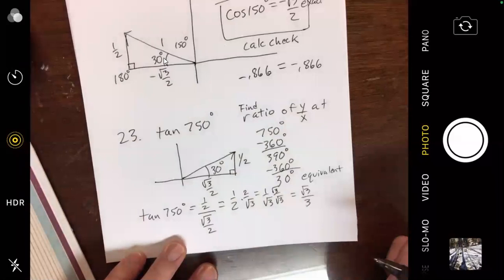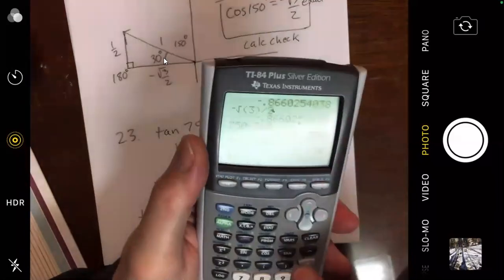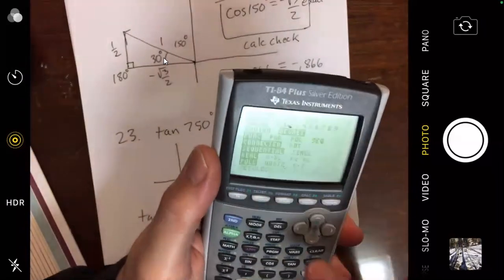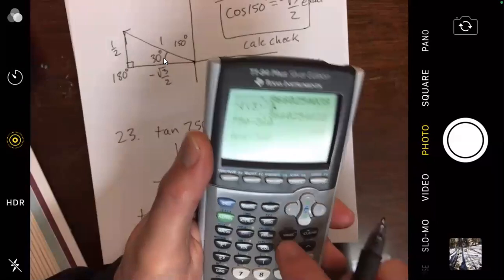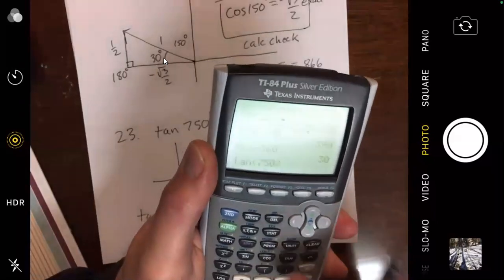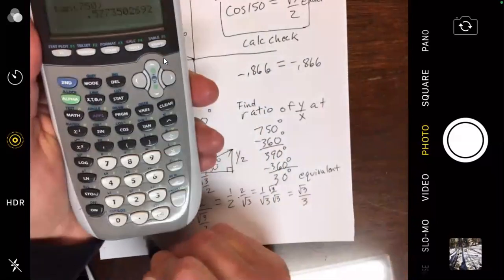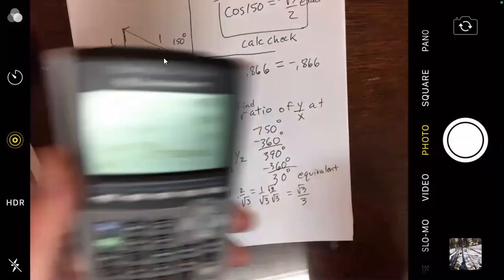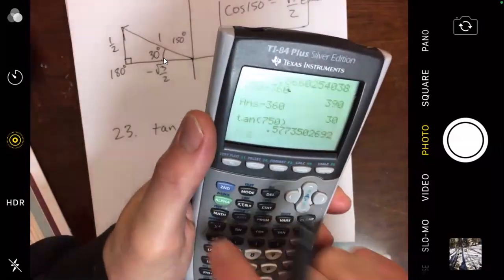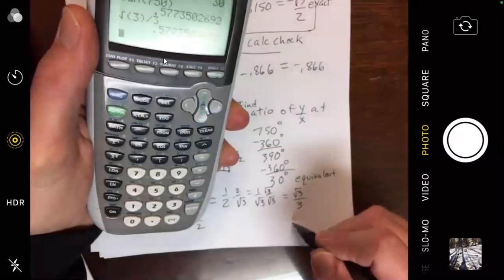If you want to see it punched, make sure I'm in degree mode. Yep. Tangent 750, 0.57735. Root 3 over 3, 0.57735.